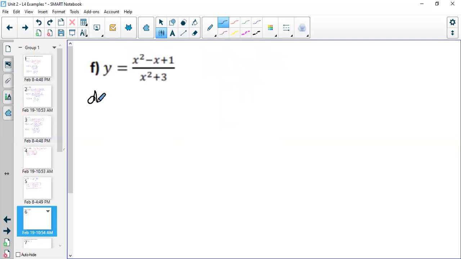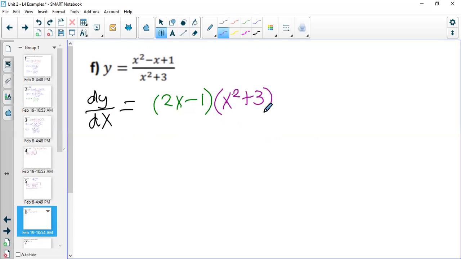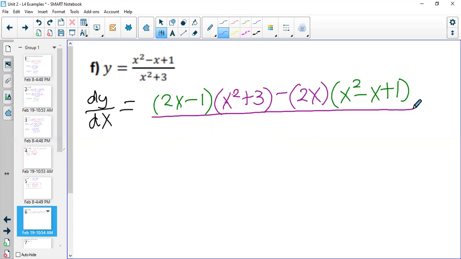So dy over dx, derivative of y with respect to x, that's how we define dy over dx, is equal to the derivative of my numerator first, 2x minus 1, my top function, multiplied by my original denominator, bottom function, x squared plus 3, minus the derivative of my denominator, 2x, multiplied by my original numerator, x squared minus x plus 1, all over my denominator squared.